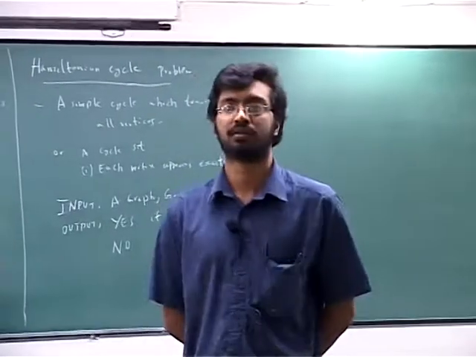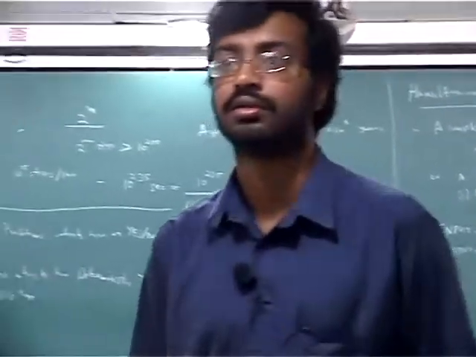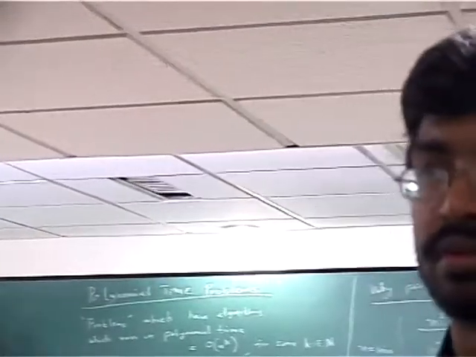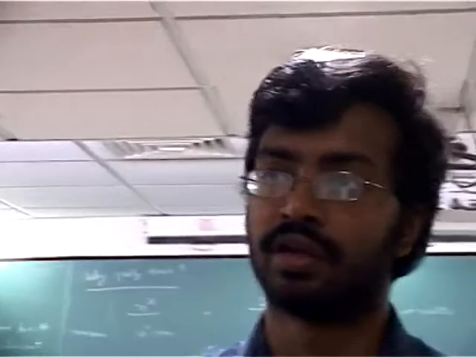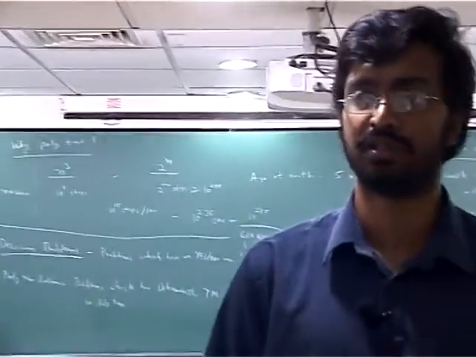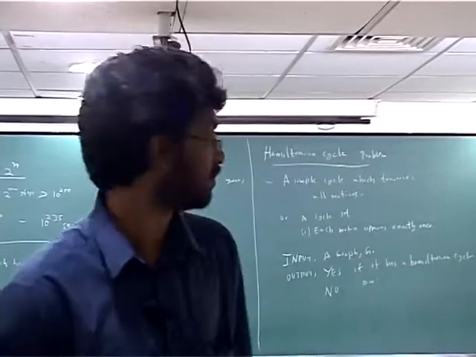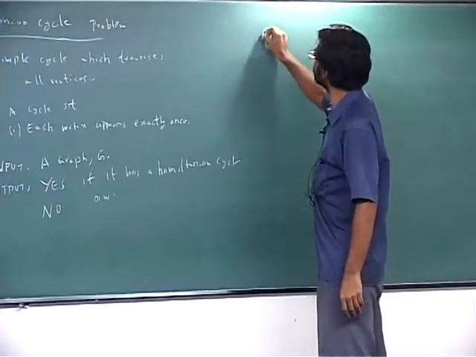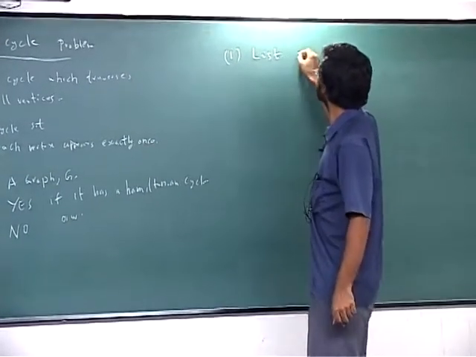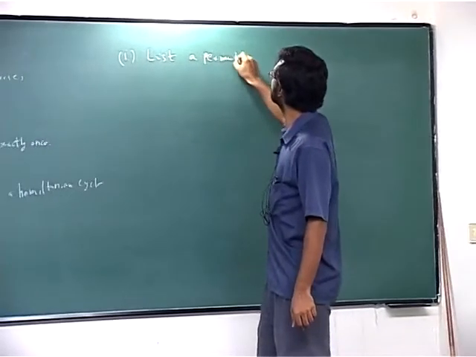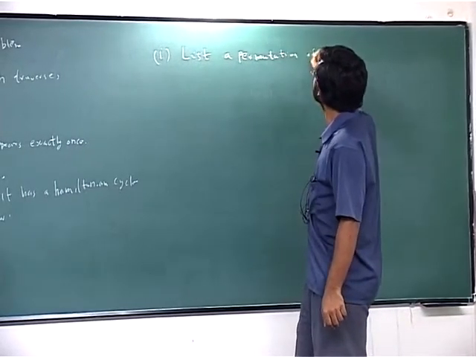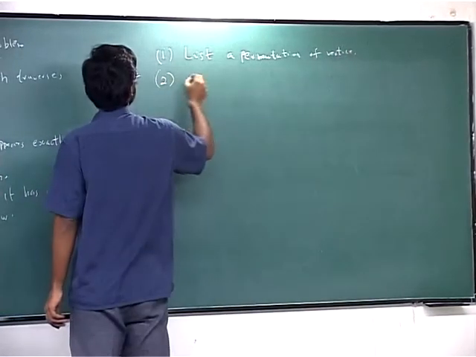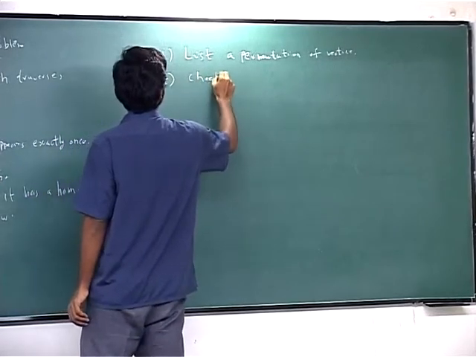Permutations. Okay, list down all the permutations of vertices and then check whether that permutation is a cycle or not. So our algorithm is going to consist of 2 steps. Step 1, list a permutation of vertices. And step 2, check whether the permutation is a cycle or not.